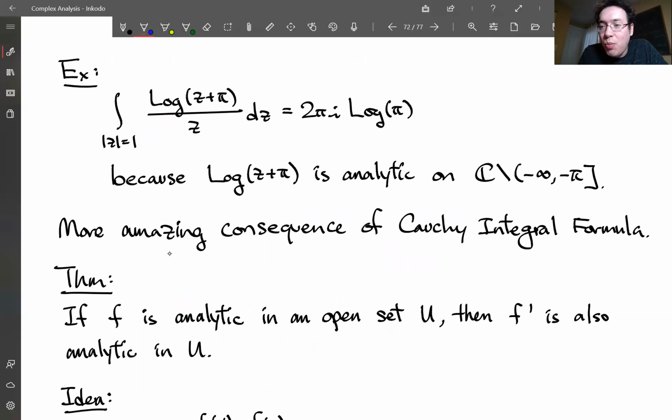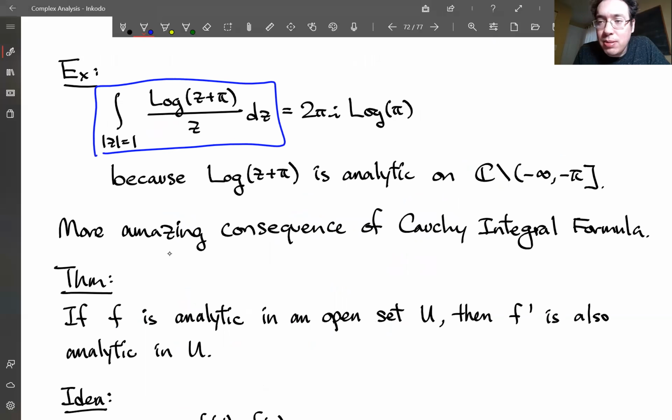Okay, one more example. So let's say we want to evaluate this path integral. So the numerator here, this is my f of z, and w is not written here, but z in the denominator is the same thing as z minus 0. So we can think of the w as 0.